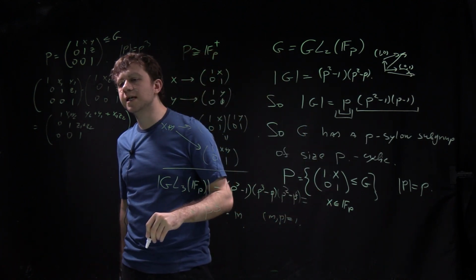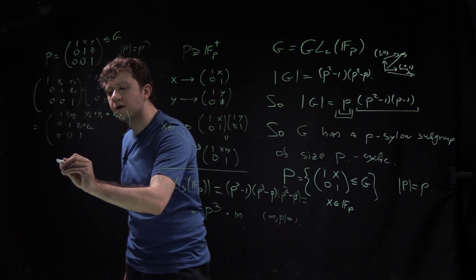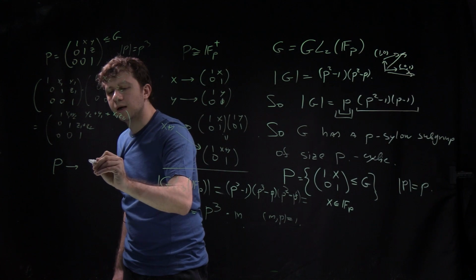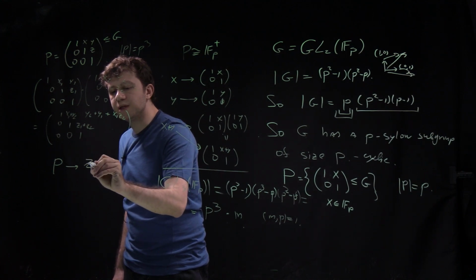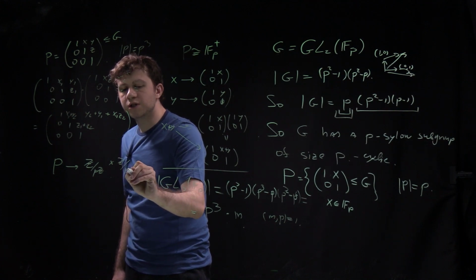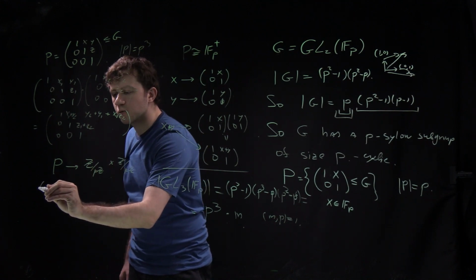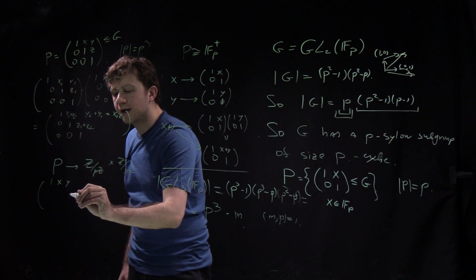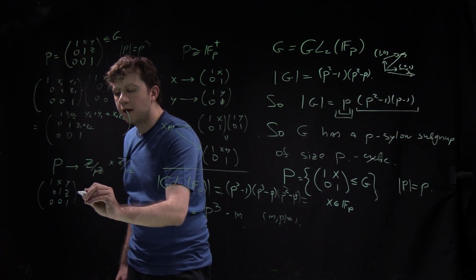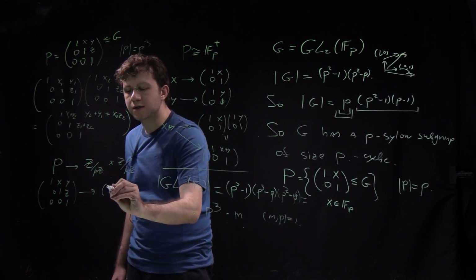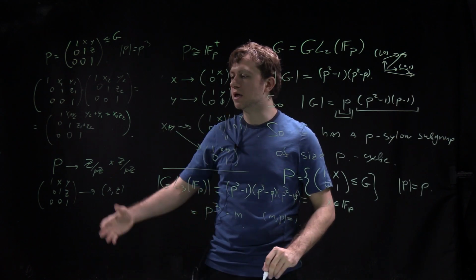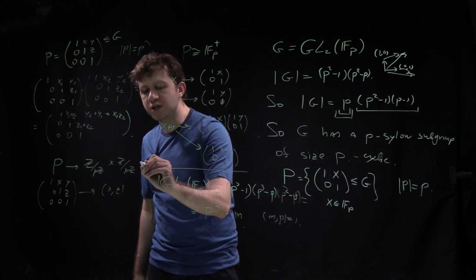And also it's easy to see from here that you have a homomorphism from P to Z over pZ times Z over pZ, when you send the matrix with entries x, y, z to the pair (x, z). They are added when we multiply matrices, so it's a homomorphism that's clearly surjective.